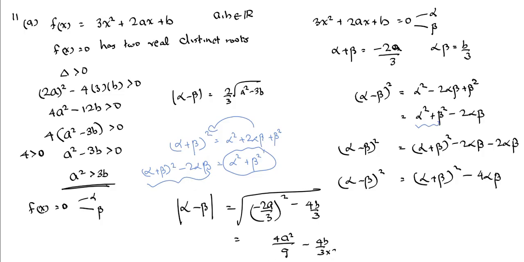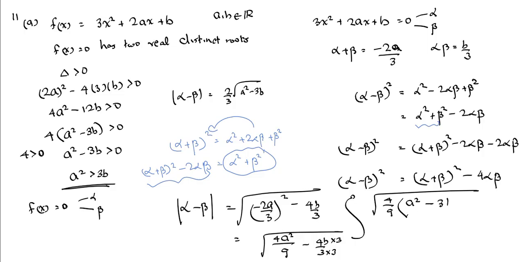If you multiply this by 3, you can have the common denominator, times 3 and times 3, root. Now you can take 4 out and 9 out of all of this inside the root. Here what is remaining? A squared minus, if you take 4 out and 9 out, 3b remains. So 4 over 9 root becomes 2 over 3. 2 over 3 root a squared minus 3b. Same thing we have got here.